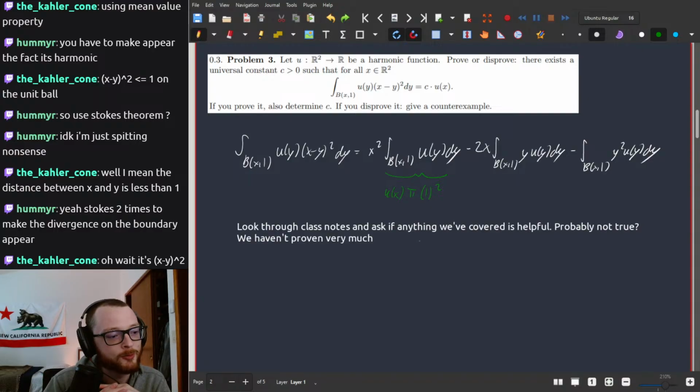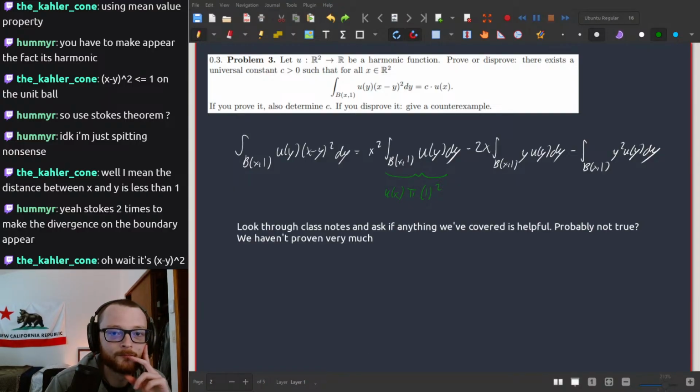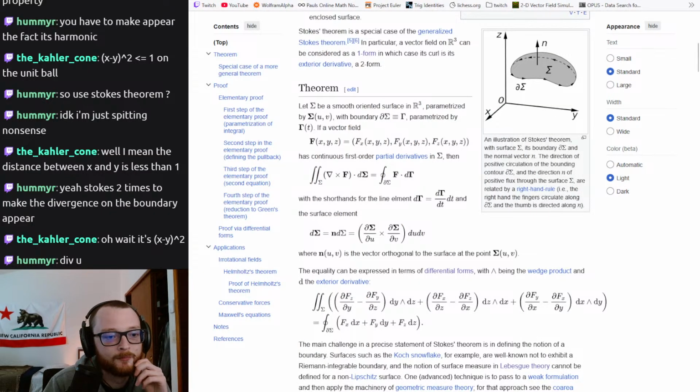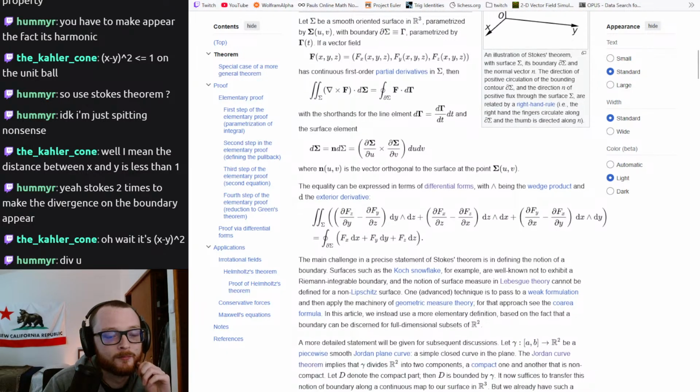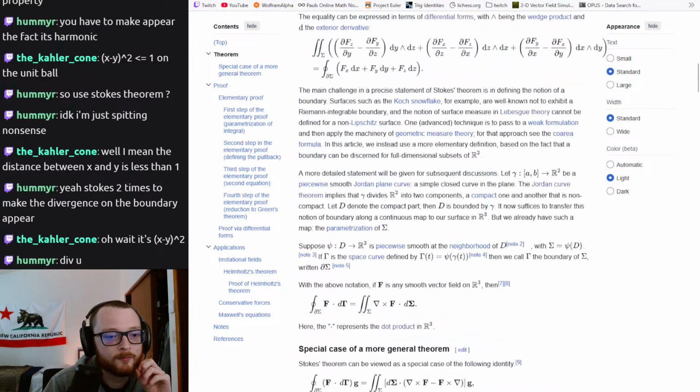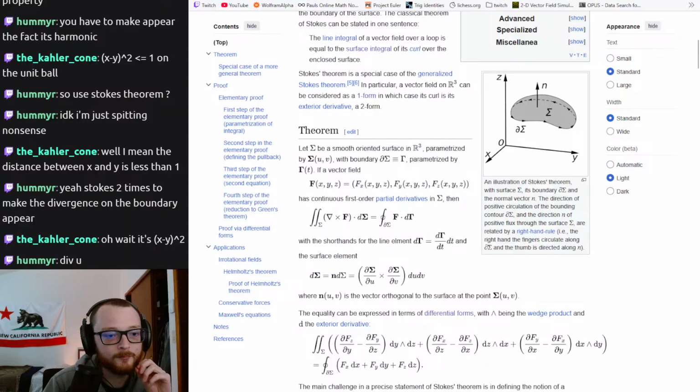Stokes two times to make the divergence on the boundary appear? I know Stokes is about divergence, integrating the divergence is the same as integrating the flux.